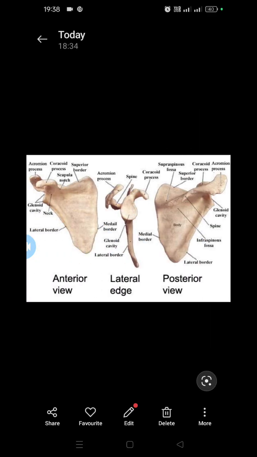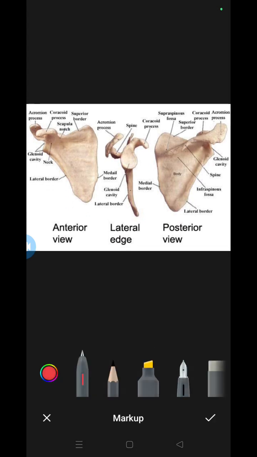In side determination, we have three main points to remember. First, the lateral or glenoid angle, which is large and bears the glenoid cavity. It has a glenoid cavity which is large and it is the lateral side, meaning away from the body.